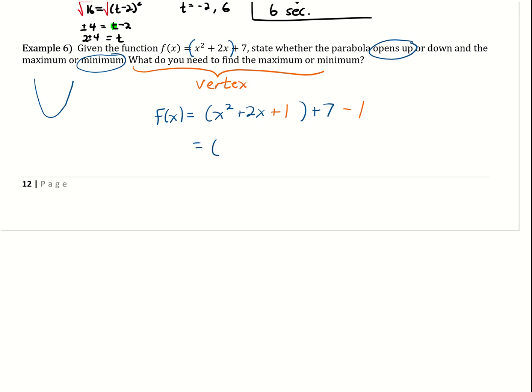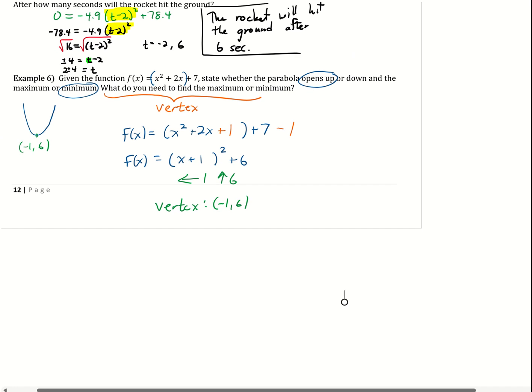And then this is going to factor into a binomial squared, which is (x plus 1) squared. 7 minus 1 becomes positive 6. So this is what the equation would look like in vertex form. All right, the transformations are telling us left 1, up 6, which means the vertex would be at negative 1, 6. That would be this point right here.